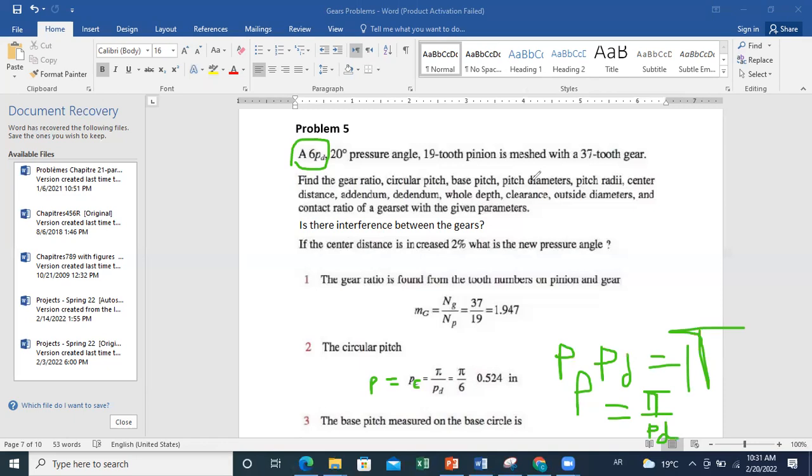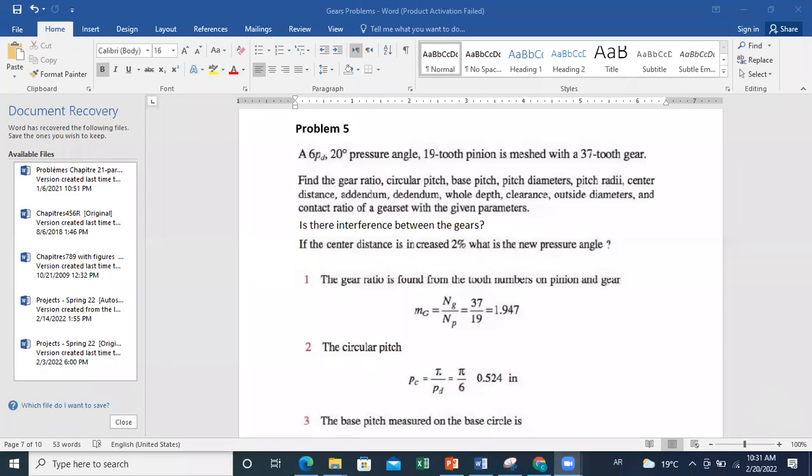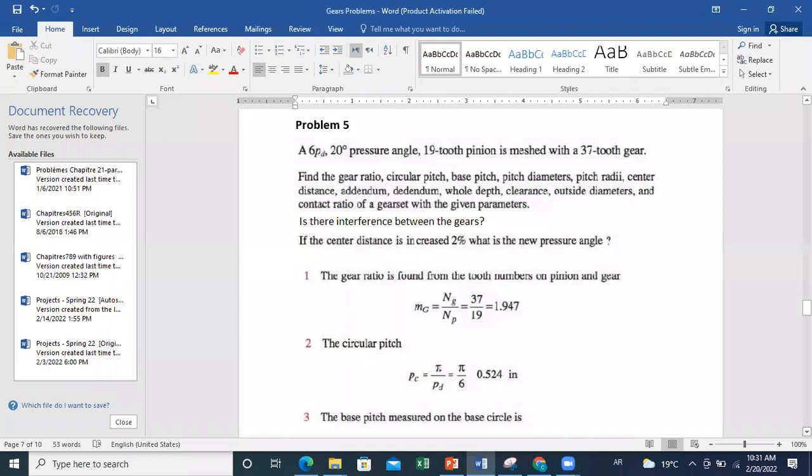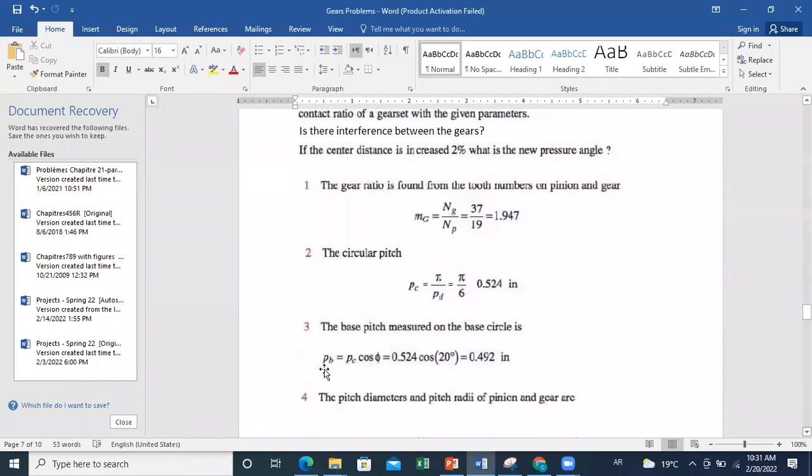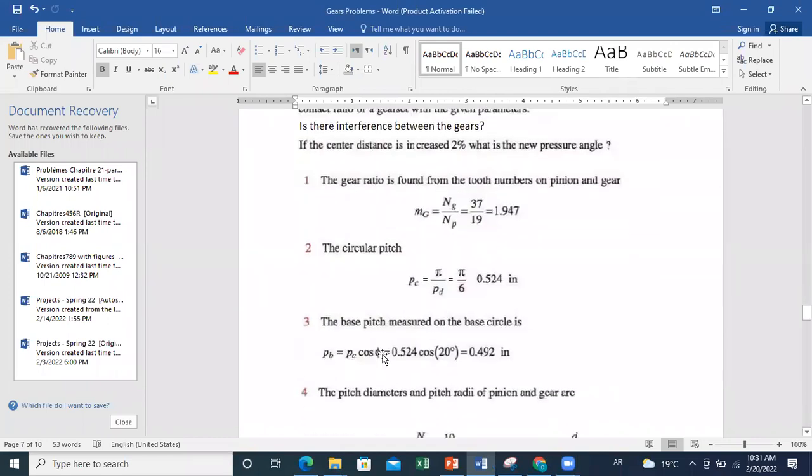Okay, and now the second parameter is the base pitch. The base pitch, which we symbol by PB, can be calculated based on the value of the circular pitch, because we know that PB is equal to PC cosine phi.